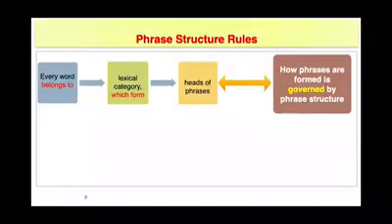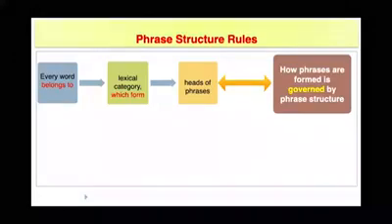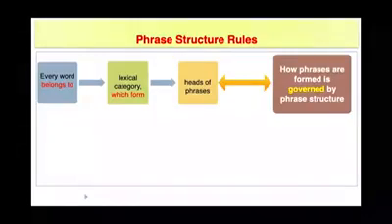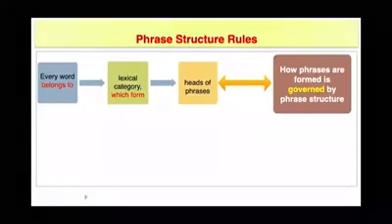And then from there, from constituents, from a group of words into what we call a sentence or a phrase. How phrases are formed is governed by phrase structure. So the way we formulate phrases, the way we put them together, follows a specific order, but also follows specific structure rules.